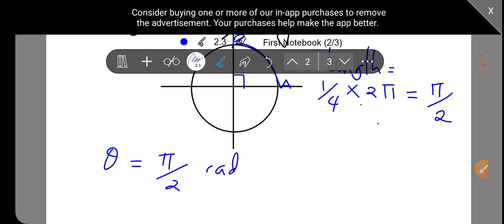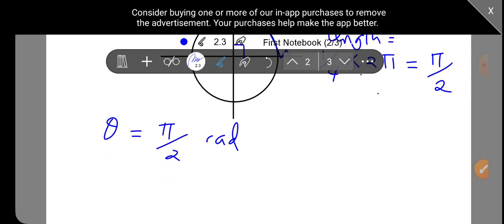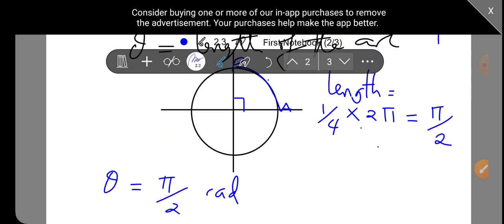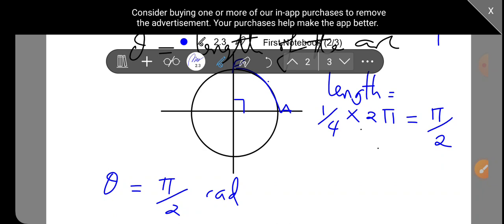Just put the word rad here. Similarly to the one we saw, this is when it is point P. So here in radians, we equate theta to the arc length. Whatever you get as arc length, that's your theta.